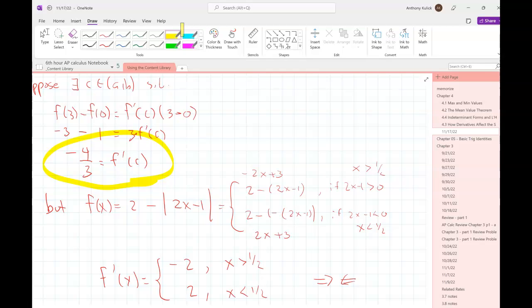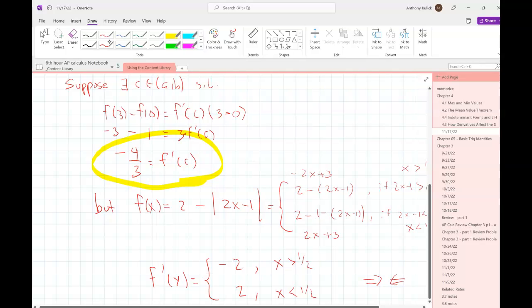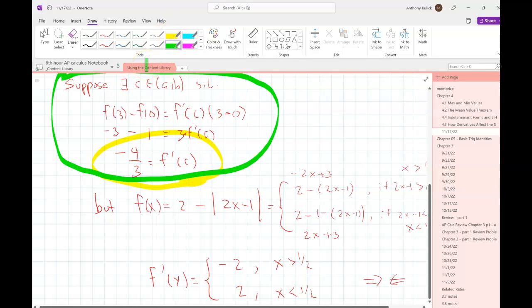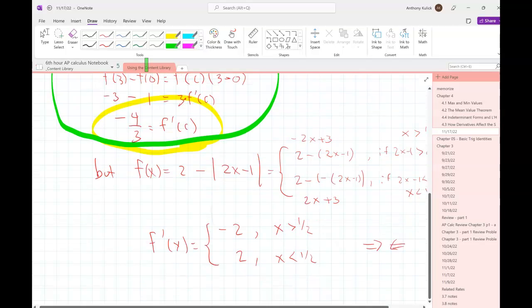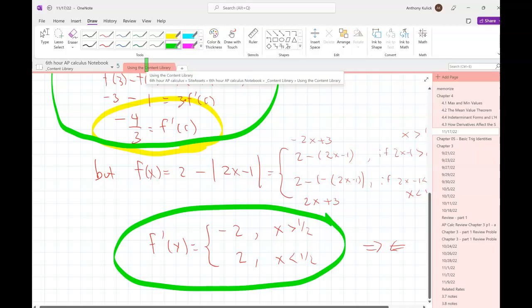Okay, so can you just explain one more time just the final step, like how that contradicts everything? So if this happens, the derivative at c needs to be negative 4/3. But the only values the derivative can have for f is 2 and negative 2.